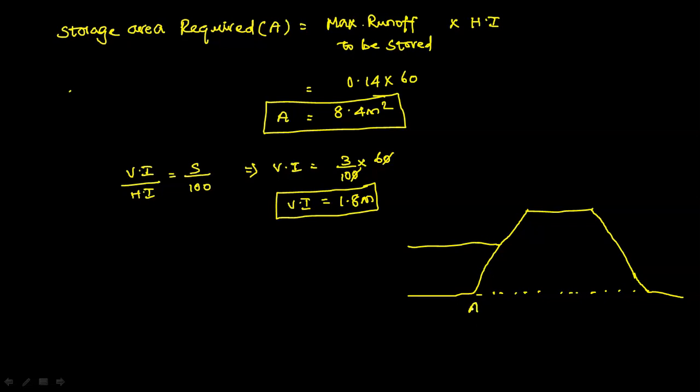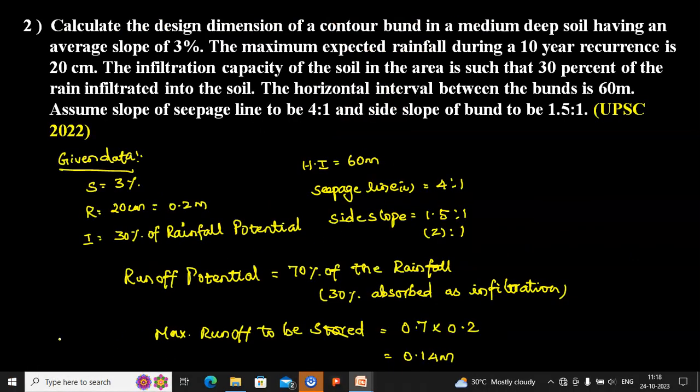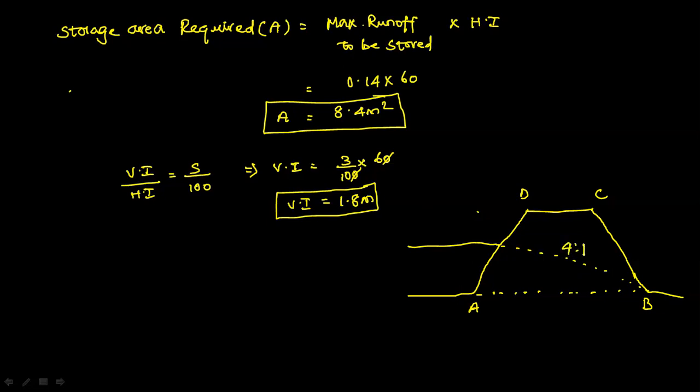Mark this as A, this is D, this is C, and this is B. From here the seepage line connects to B. For seepage we have the value given as 4:1, and here we form a triangle. This denotes the seepage line.